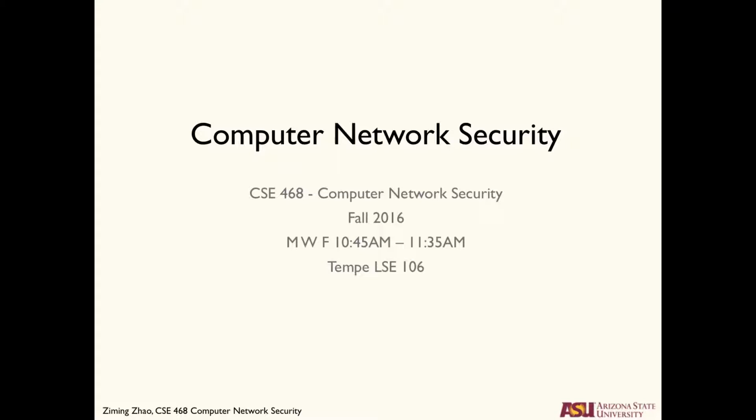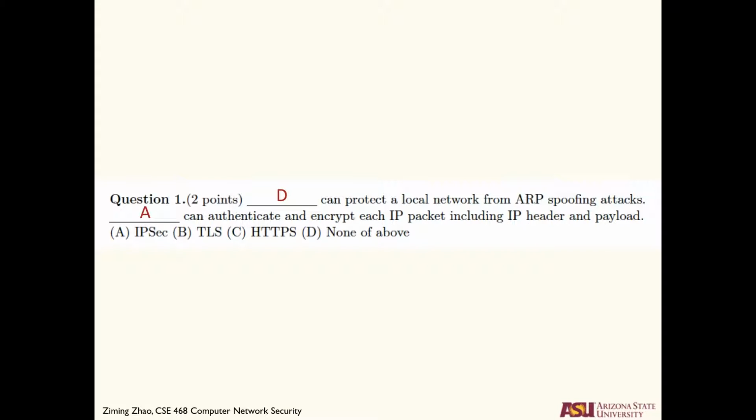Let's go over the questions very fast. First, the three questions are taken from the midterm. The first one: none of those protocols can protect against a data link layer attack, and IPsec can authenticate and encrypt both IP headers and IP payload.